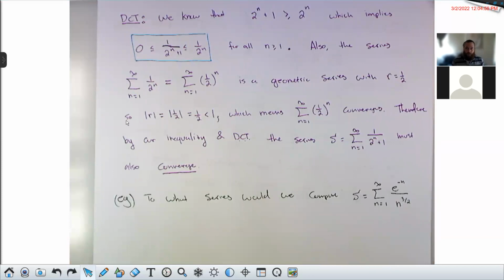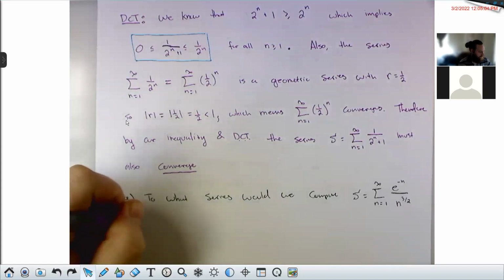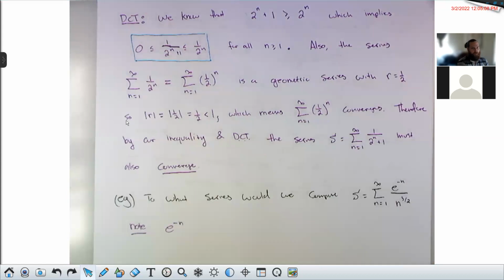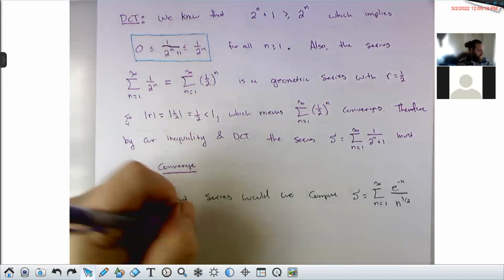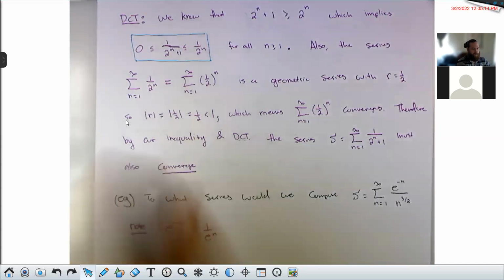And there's a few ways you could attack this. e to the negative n, that's 1 over e to the n.